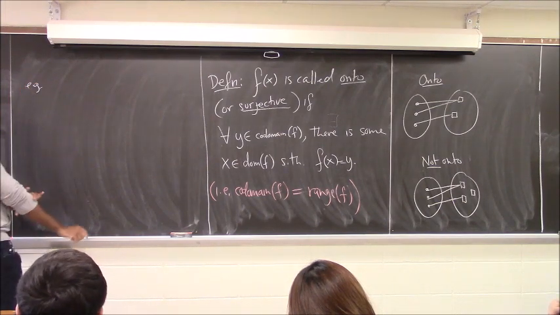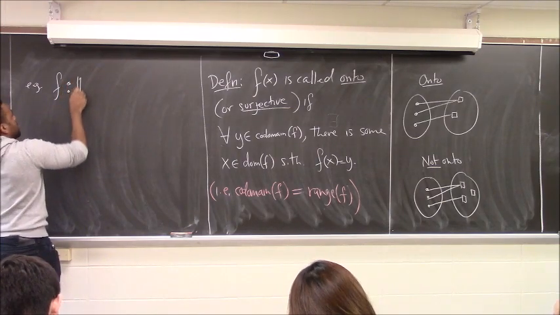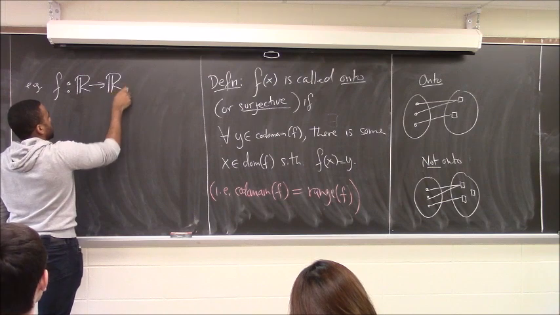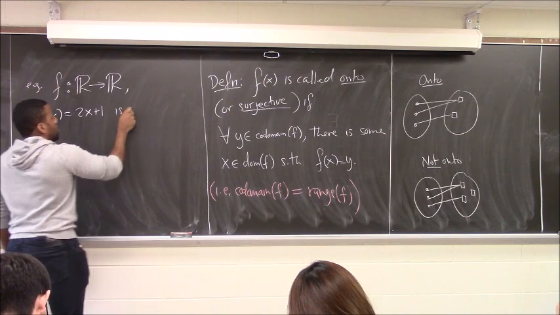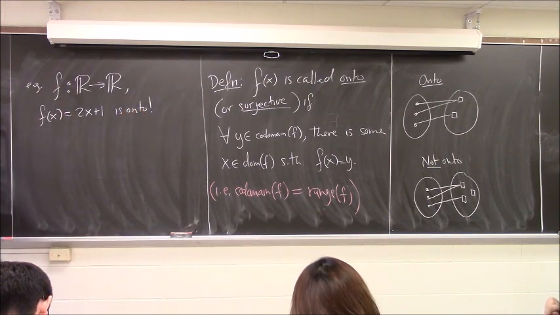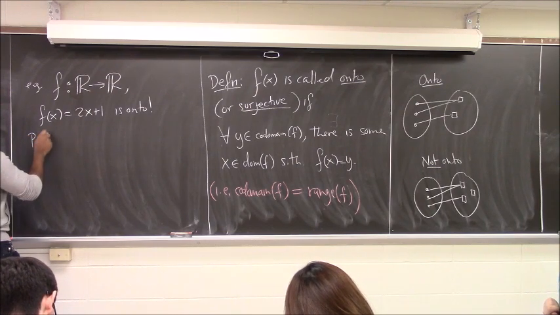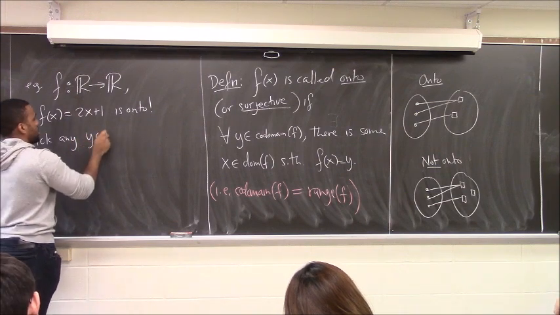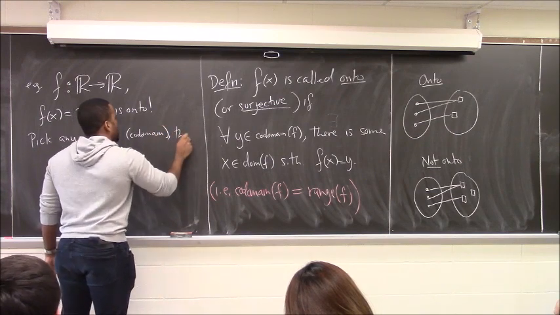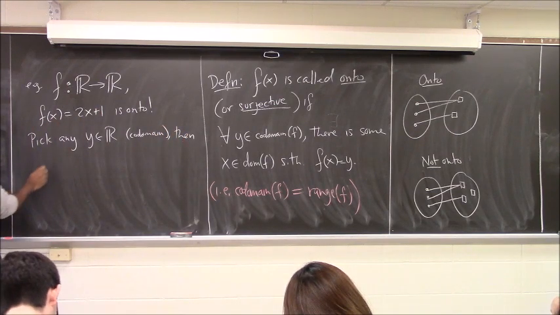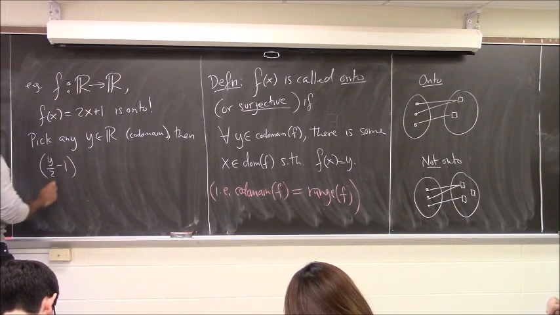Example. If I consider the domain to be all real numbers and the codomain to be all real numbers, then f of x, let's say equals 2x plus 1, is onto. Because pick any y in R, which here I'm thinking of the codomain, then it turns out that y minus 1 over 2 is also a real number.